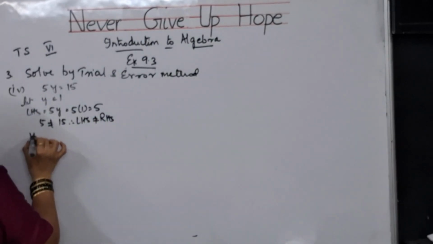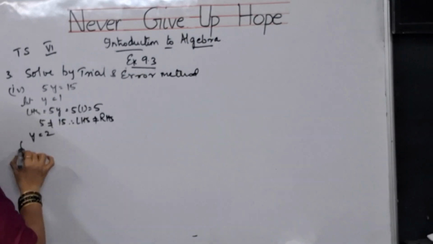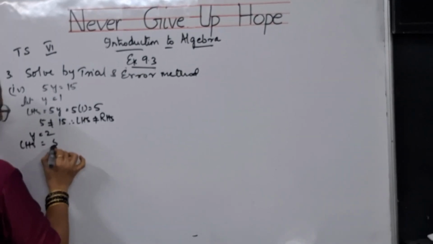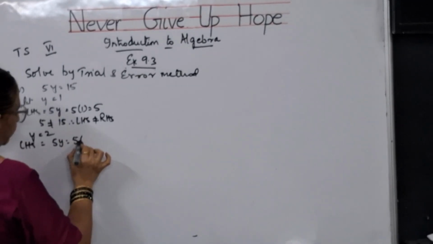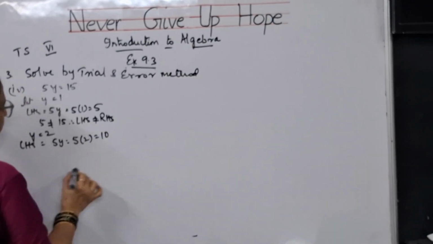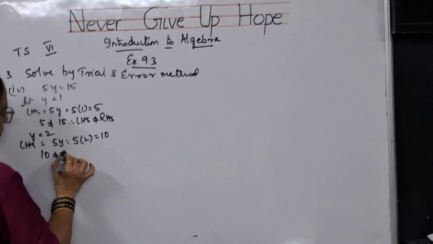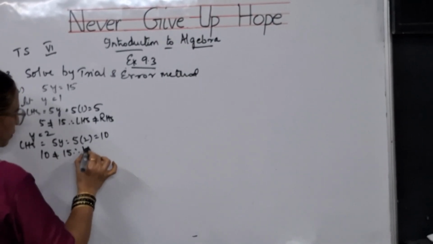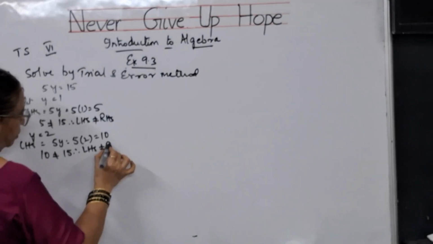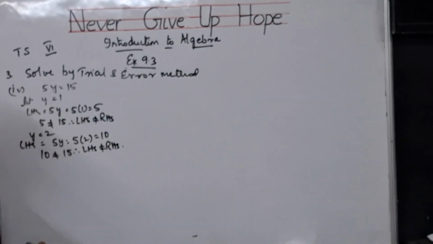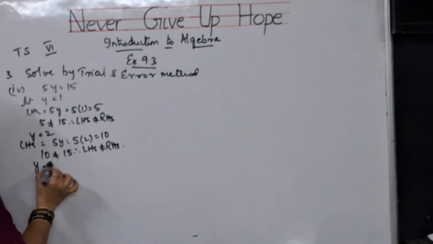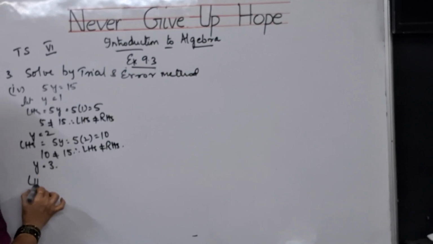Now, y is equal to 2. LHS is 5y. 5 into 2, that is 10. 10 is not equal to 15. Therefore, LHS is not equal to RHS. Y is equal to 3.